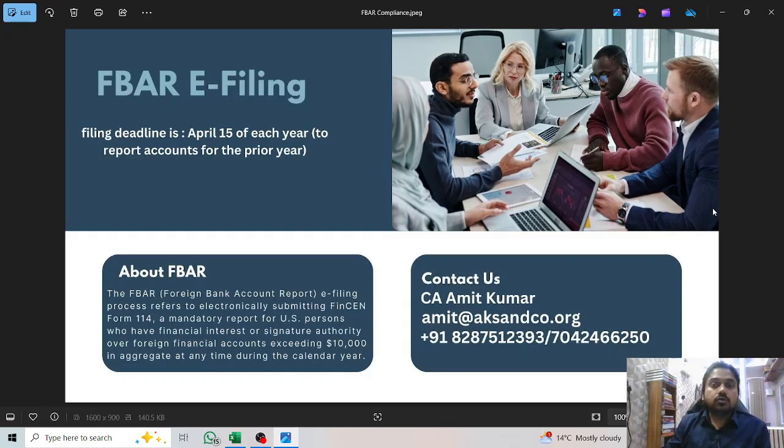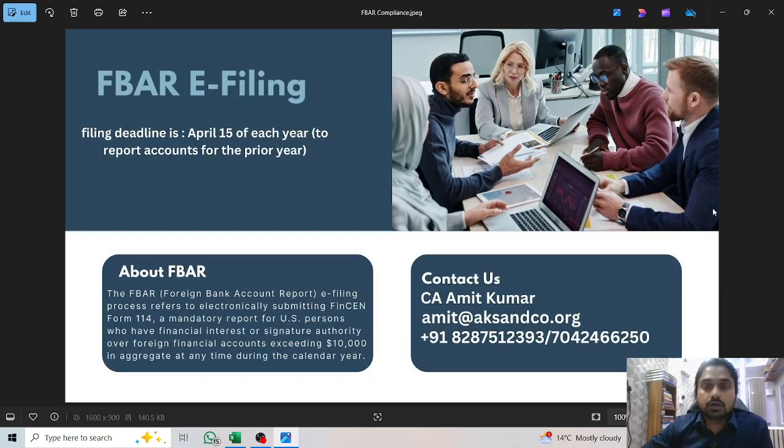This is to know where you have invested your amount other than in the USA. So the foreign bank account reporting e-filing process refers to the electronically submitted FinCEN form. This is form number 114, a mandatory report for US persons who have financial interest or signature authority over foreign financial accounts exceeding 10,000.